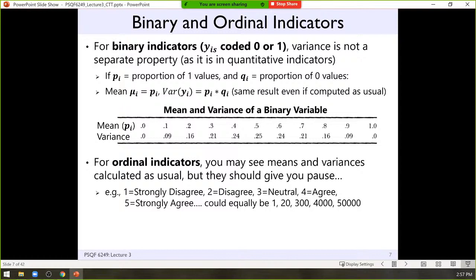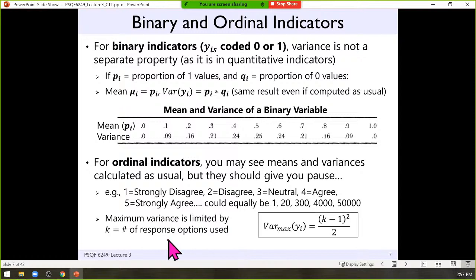They don't actually go on forever like a continuous quantitative variable would assume. The variance that you can have for an ordinal indicator is going to be limited by the number of categories. So the variance is separately estimated, but it's not completely separate. There is still some sort of yoking that goes together there.